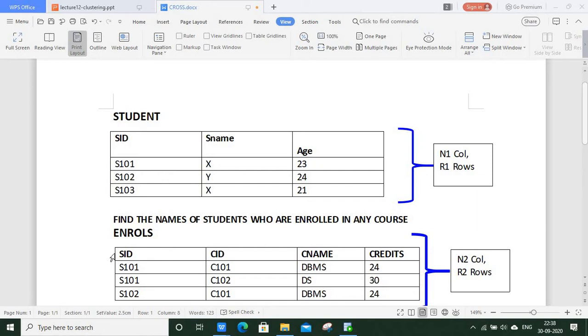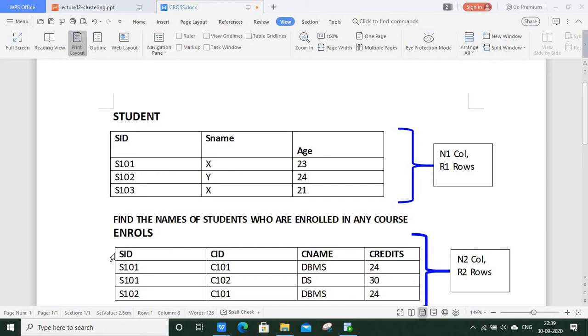For that, suppose there are two tables as you can see on the screen, that are student and enrolls. In the student table we have information like student ID, student name and age, and in the enrolls table we have the student ID, course name and the credits, where the course ID, course name and course credits are information related to the different courses in which a student is enrolled.